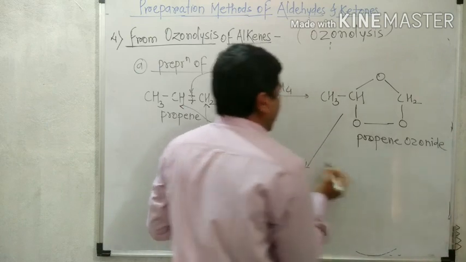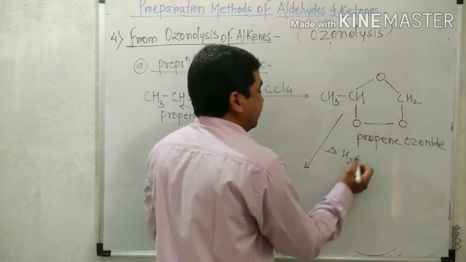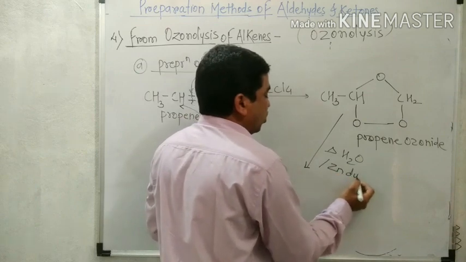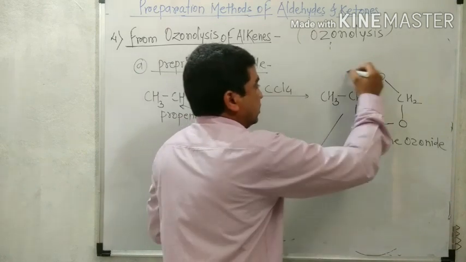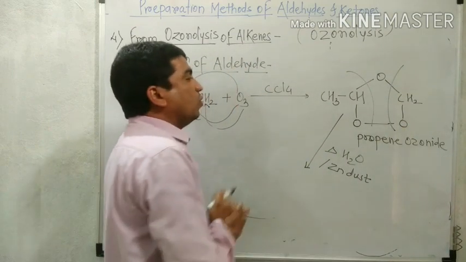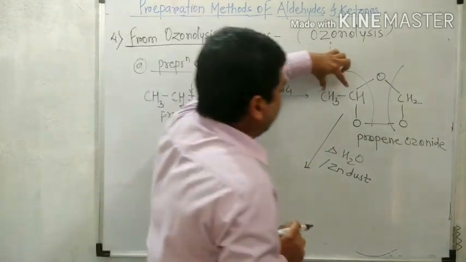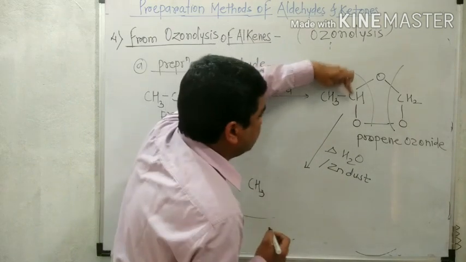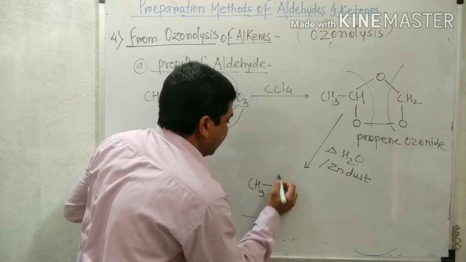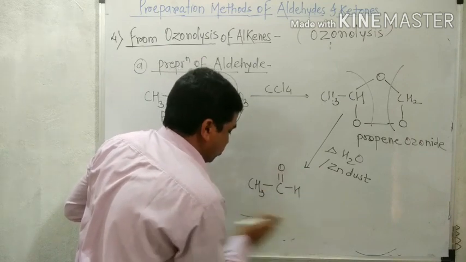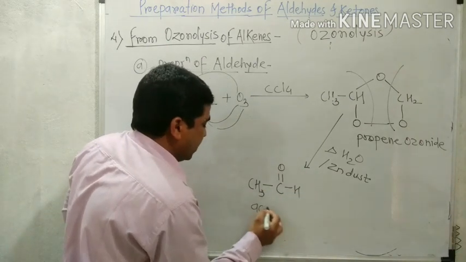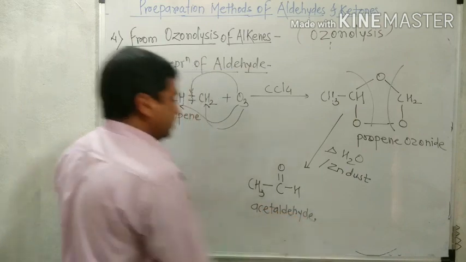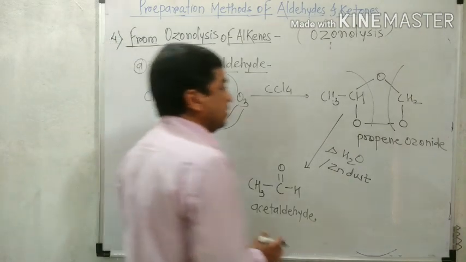And that propene ozonide, when similarly heated with warm water in the presence of zinc dust, we know the importance of zinc dust, this structure undergoes breaking. The first fragment obtained is CH3CHO, we can write as CH3CH=O. It is the formula of acetaldehyde. Acetaldehyde is obtained in the reaction as the first product.